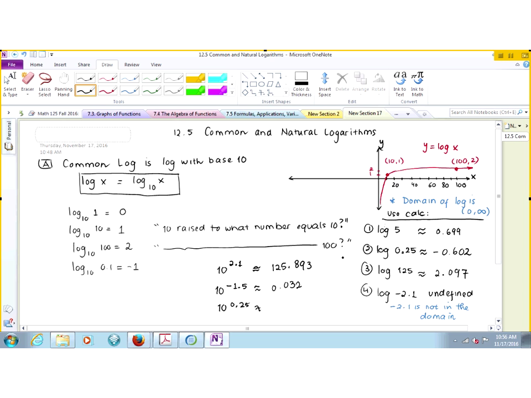Log of, and then calculate it. Okay, so this one, you just do that, so you put it up.